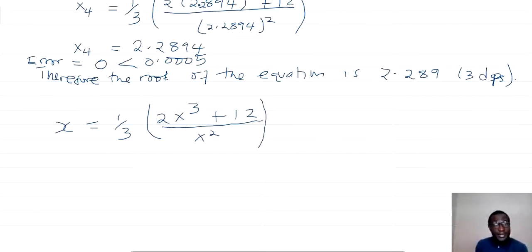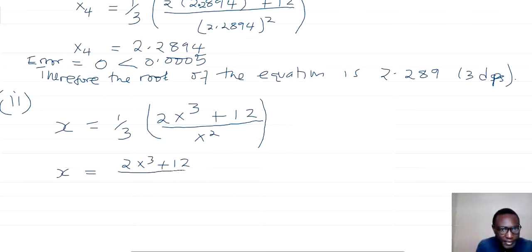Then we go ahead and we simplify. We come up with an equation. So x here is equal to 2x power 3 plus 12 divided by 3x squared. So we cross multiply, we shall have this multiplying that, and we shall have 3x power 3 being equal to 2x power 3 plus 12.